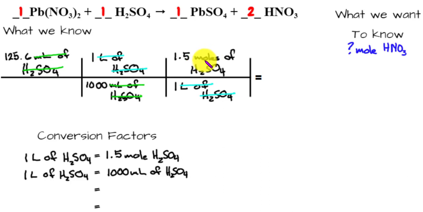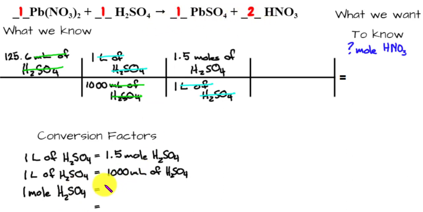So I'm pretty close. I'm almost about to make it to Mole Town, but now I need one more field goal. So I'll add a field goal here. I'm in moles of H2SO4. So I can write a conversion factor based on the balanced chemical reaction. For every 1 mole of H2SO4, I get 2 moles of HNO3.